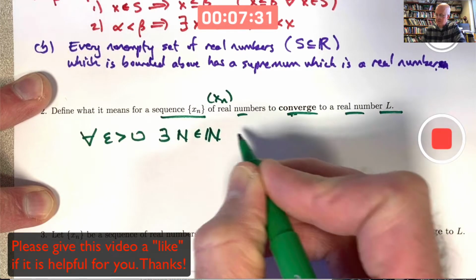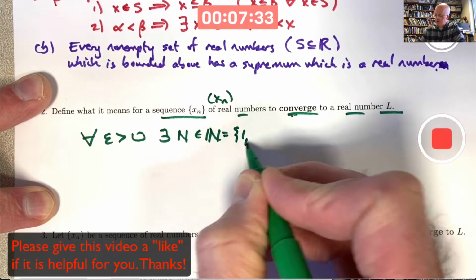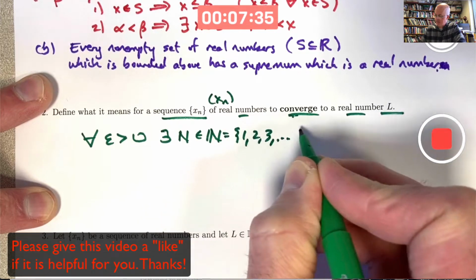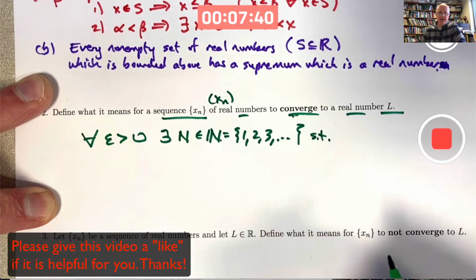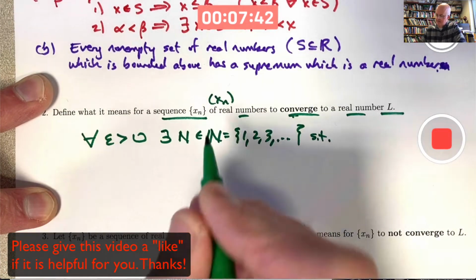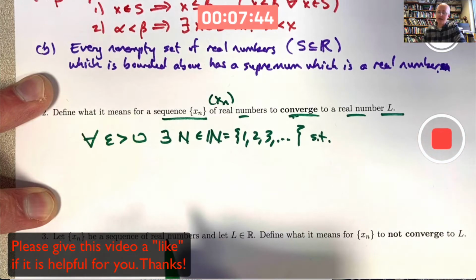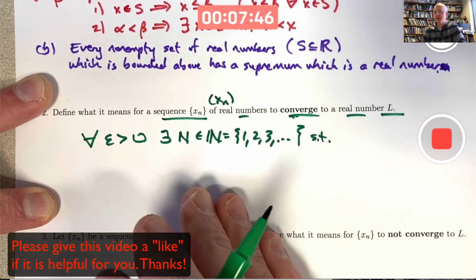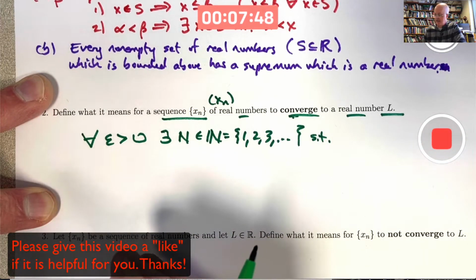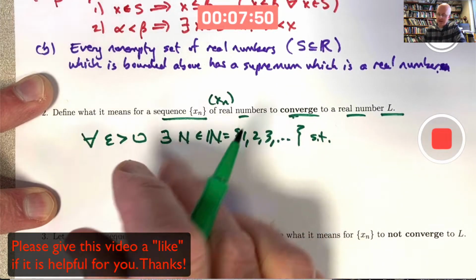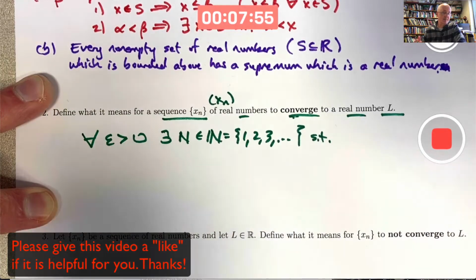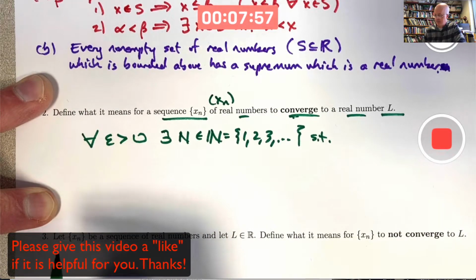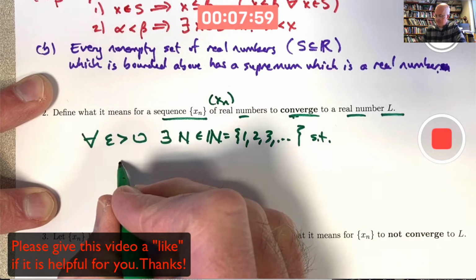This fancy N represents natural numbers, the counting numbers 1, 2, 3, 4, etc. Such that if little n, the subscript of xn, is greater than or equal to capital N, your measure of sufficiently large, then little xn will be within a distance of epsilon of L, really close to L if epsilon is really small. You could write it this way.